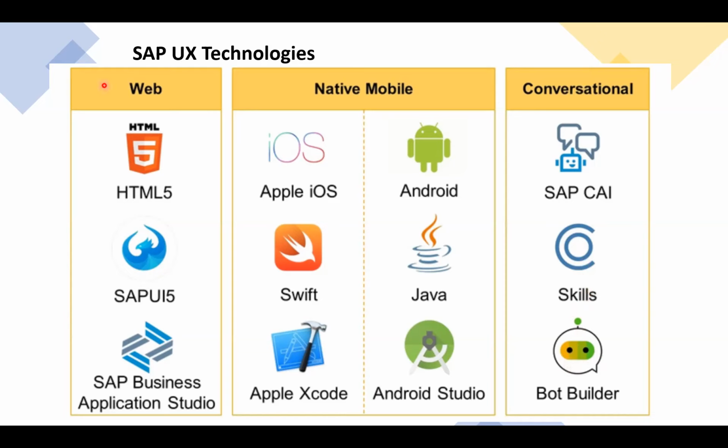Okay, so on this single slide, we have more information available here. So Changan, yes, a Java developer can also work on Business Application Studio, yes, of course, to develop UI applications.